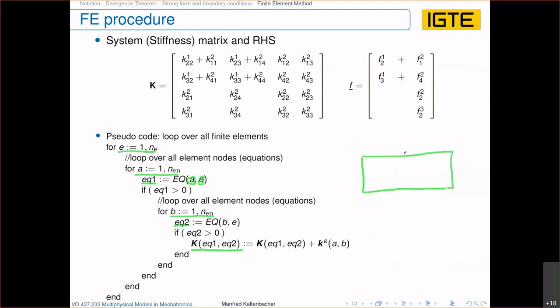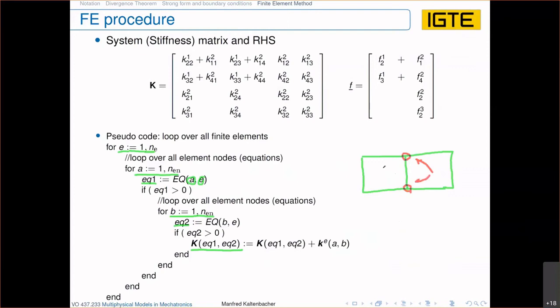So then it is clear that, for example, here we have a node, and here we have a node. From the element matrix of this element, we will get the entry here, and here we will also put the entry.